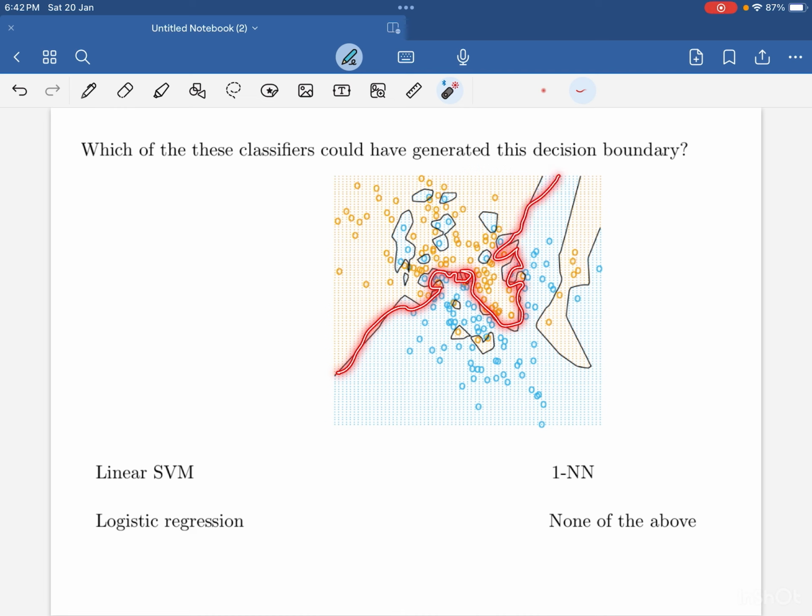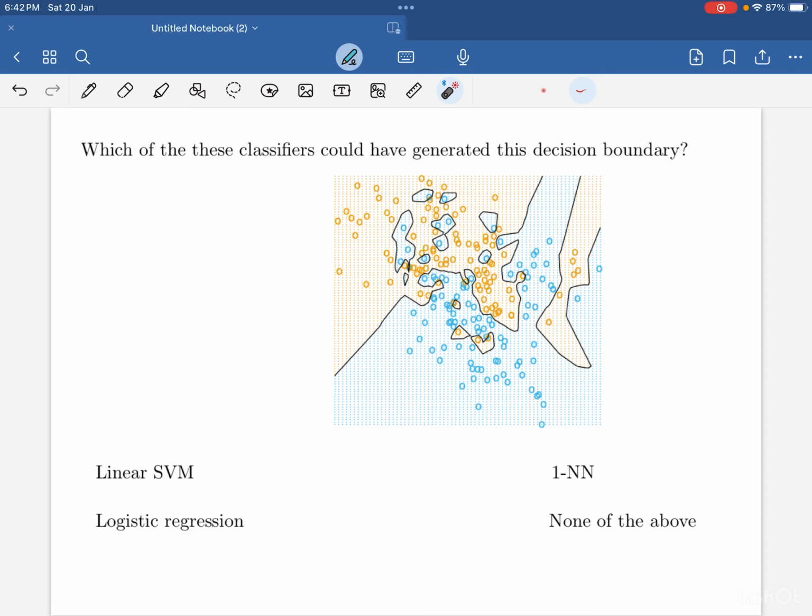You see that this is a decision boundary, and all these small lands are also decision boundary, and it is classifying each and every data point, right? We have two types of data here, one in golden color and one in blue color.